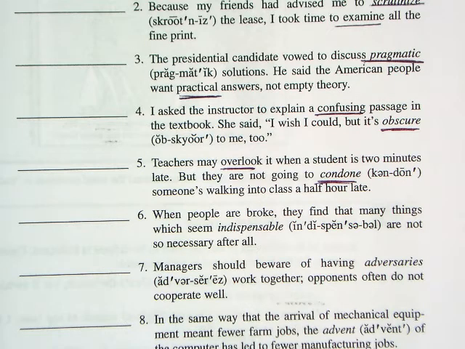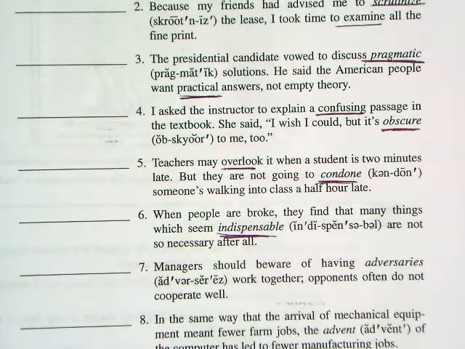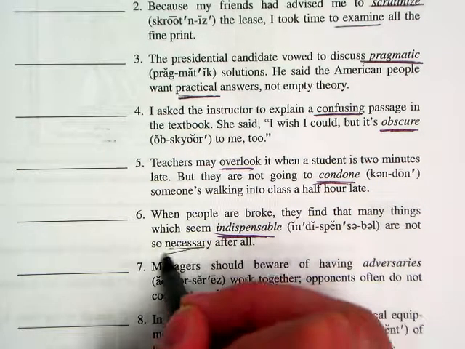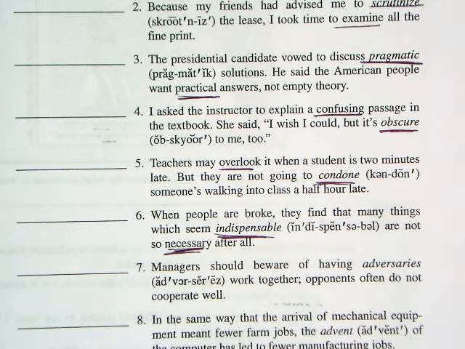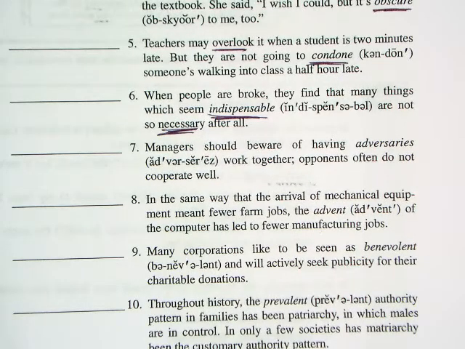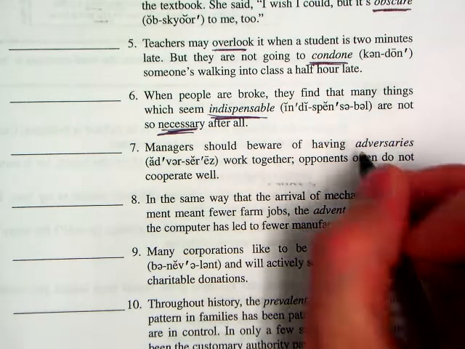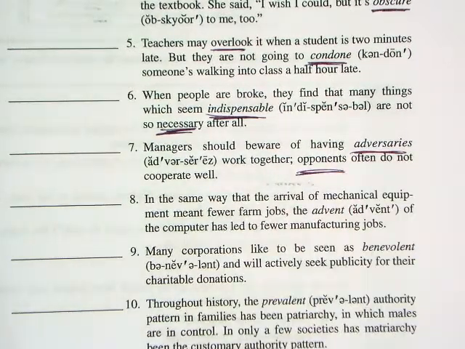Number 6, indispensable is the italicized word. Necessary is the synonym. Managers should beware of having adversaries work together. Adversaries is a synonym for opponents. That's what you should have written, opponents.